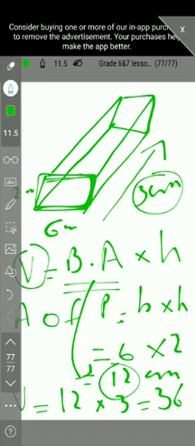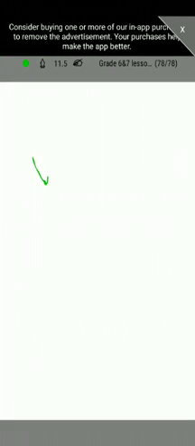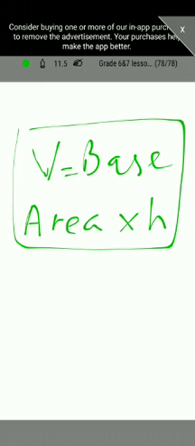First of all you need to understand that the formula for all prisms is area of cross section, or you can easily say base area. Base area and cross section are the same thing. Base area multiplied by height. This is the formula for all of the prisms, but you need to understand the base of the prism.